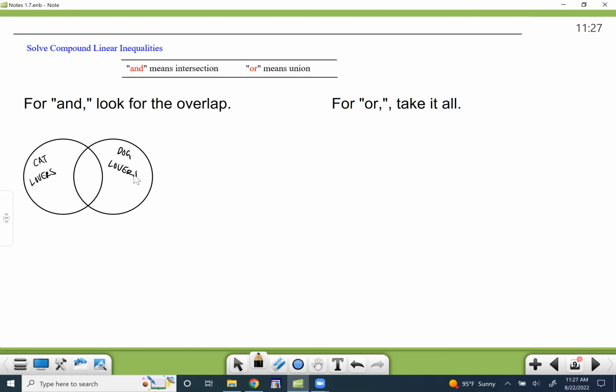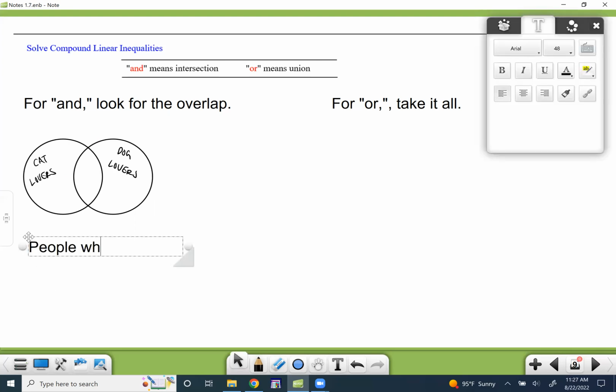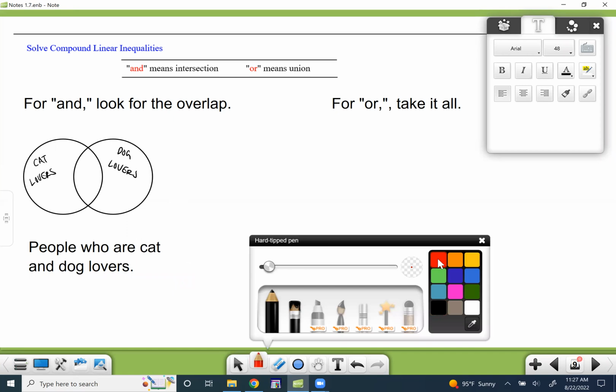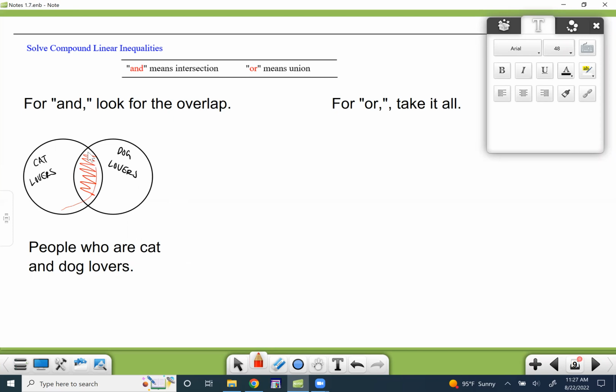Okay. So if we were to shade people who are cat and dog lovers, right? People who are cat and dog lovers, just like animals. Okay. If we were to shade that, that would be the overlap, right? That would be right in here. They're inside of the cat loving bubble. They're inside of the dog loving bubble. So they must love both.